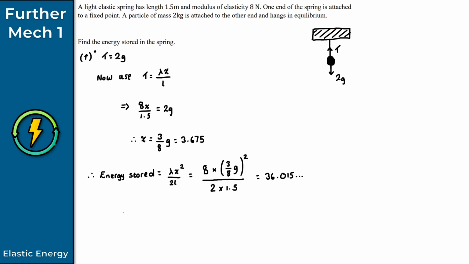So I'll just do this underneath here. Therefore, the energy stored in the spring is simply 36 joules there.